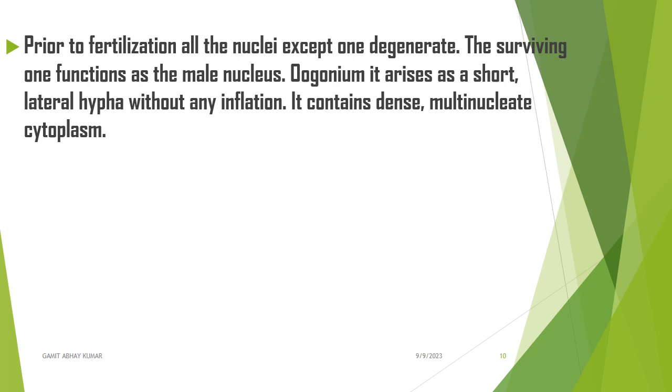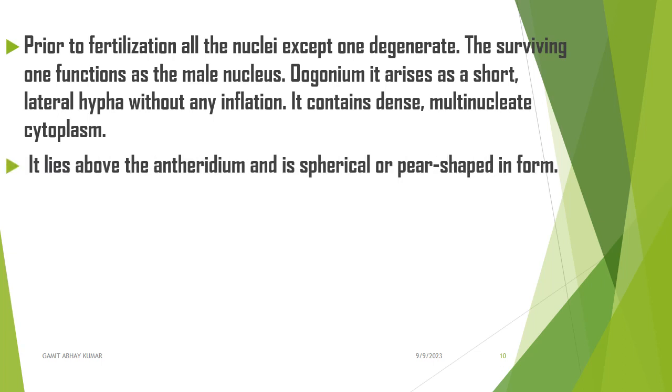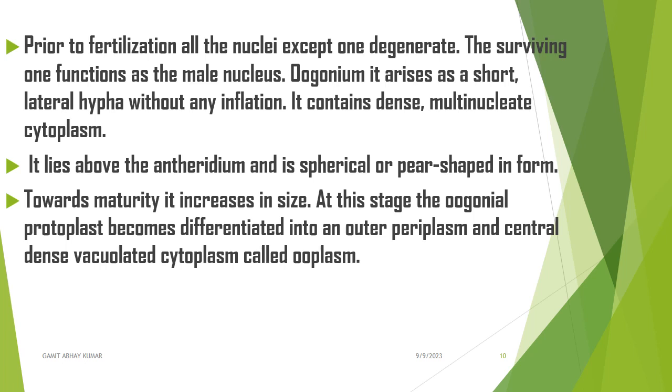Oogonium. It arises as a short lateral hypha without any inflation. It contains dense multinucleate cytoplasm. It lies above the antheridium and is spherical or pear-shaped in form. Towards maturity, it increases in size.